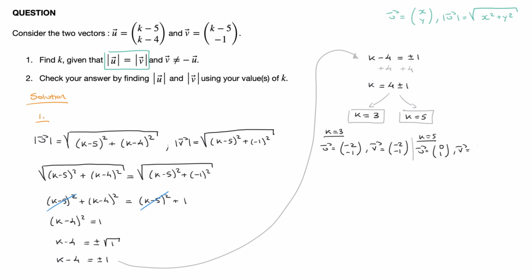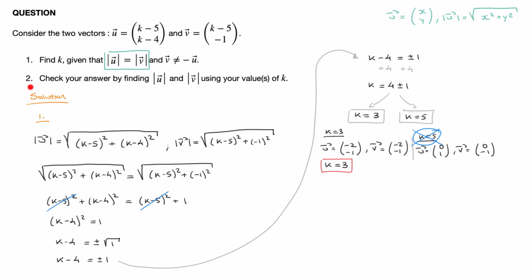So if I quickly write that, that would be 0, negative 1. And we notice here that in the case of k equals to 5, vectors u and v are definitely opposites of each other. So k equals to 5 will not do. And consequently, we can state that k must be equal to 3. And that's the answer. We've now found the value of k and therefore answered question 1.